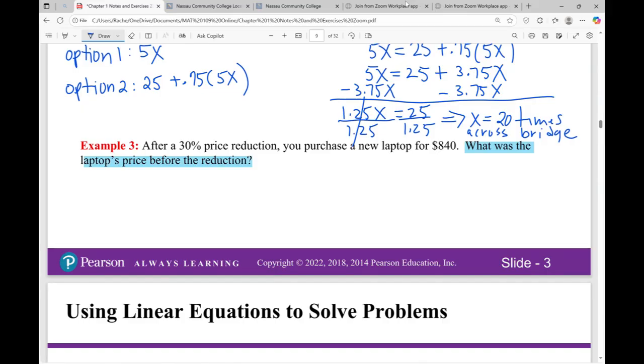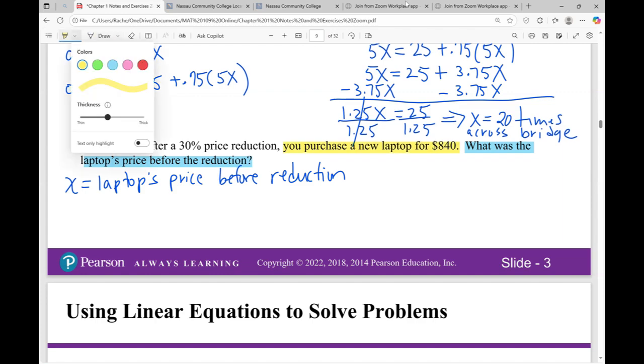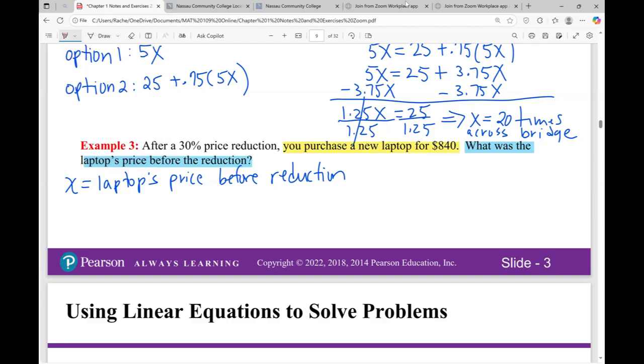So x is going to be the laptop's price before the reduction in price. So we know that we purchased the new laptop for $840, but that was after a 30% price reduction.